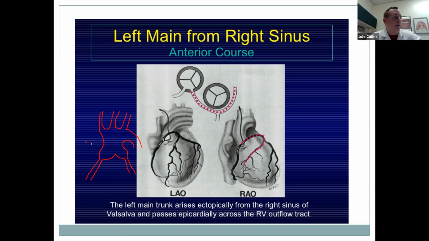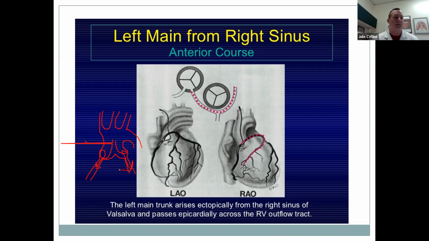So basically the sinus of Valsalva during diastolic flow is creating this bruit going on here, okay? It's really enhancing coronary filling by creating this turbulent bruit.